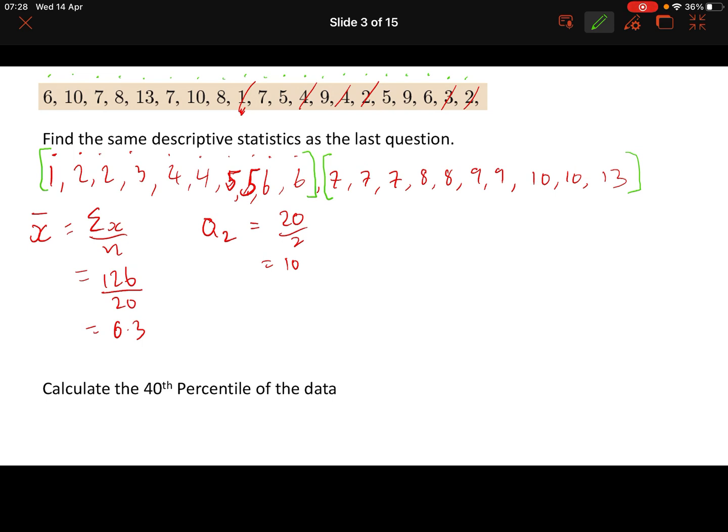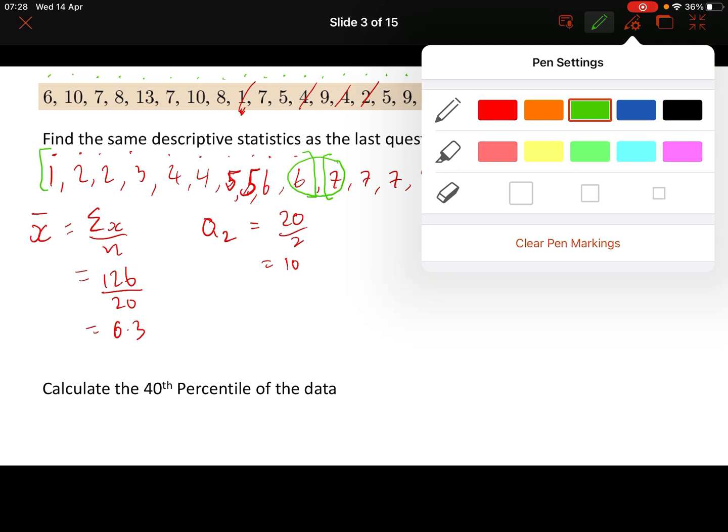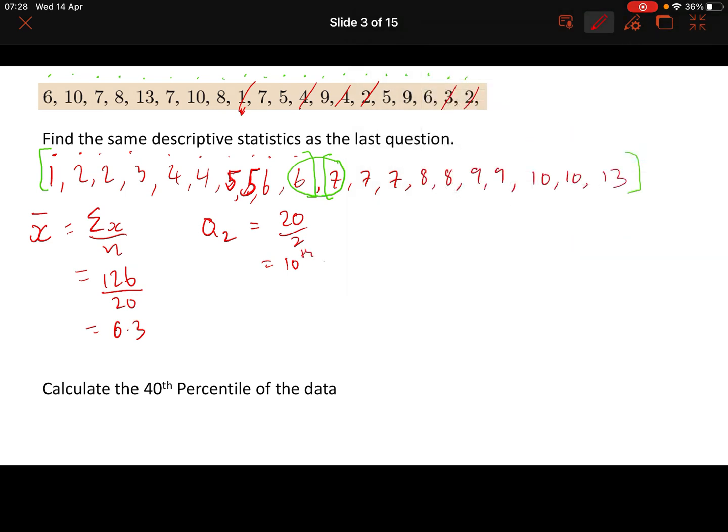So what we do is we take the 2 middle points and take the average of that. So actually Q2 should be the 10th and 11th. So 6 plus 7 divided by 2 to get the average of that, so it'll be 6.5. Okay, the median is 6.5. If you've got an even number of data points, take the 2 middle numbers and take the average of those.